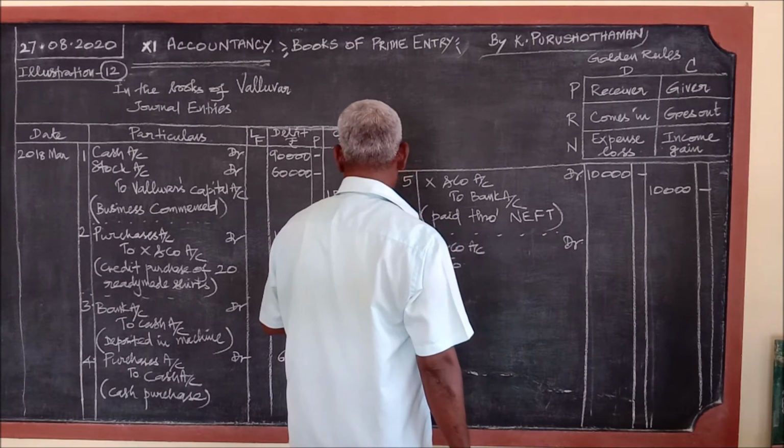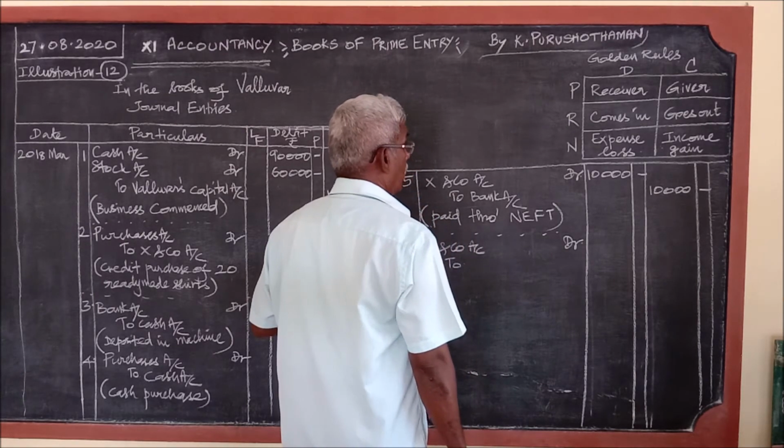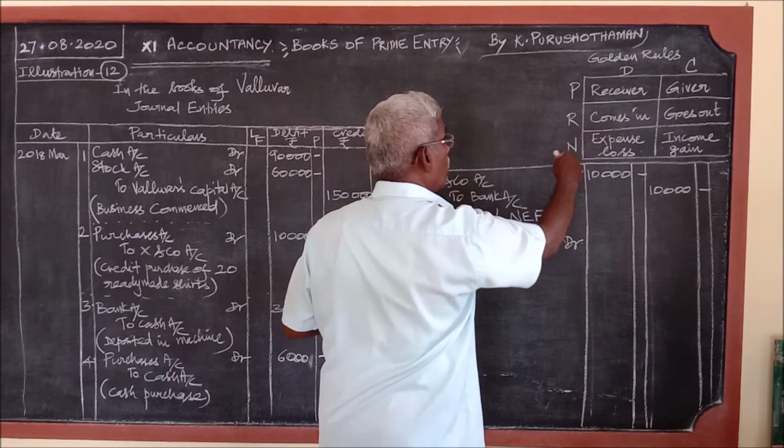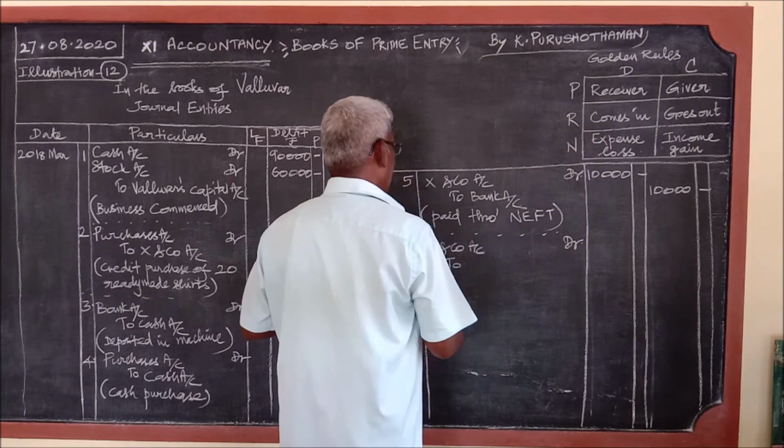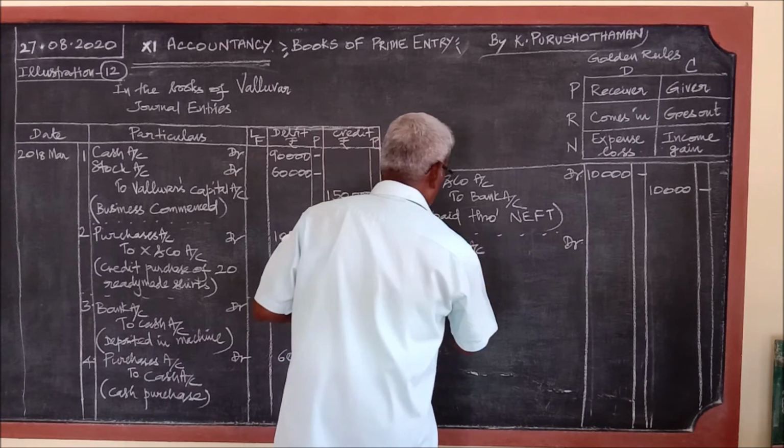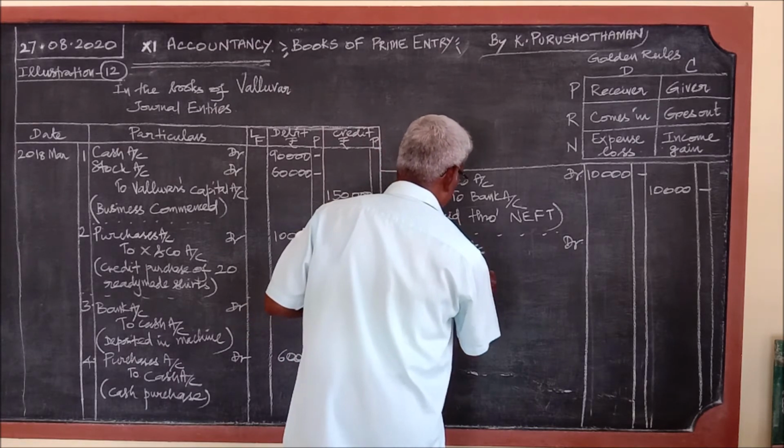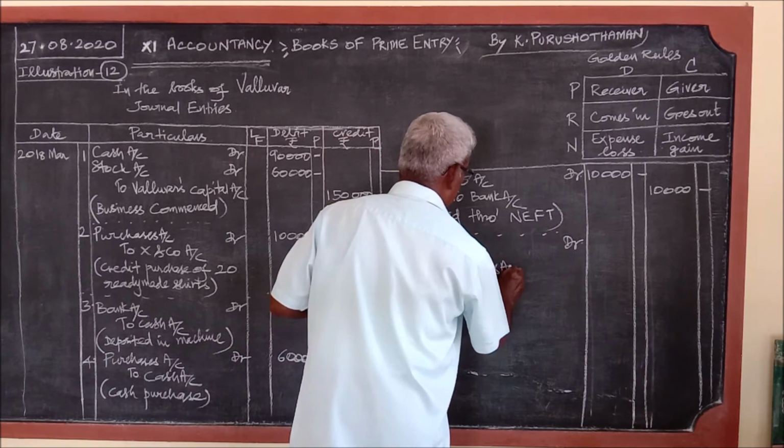Since the sarees were sold on credit, what goes out? See the second rule: sarees go out. Here sarees are goods, therefore goods go out. For goods we can write sales account.